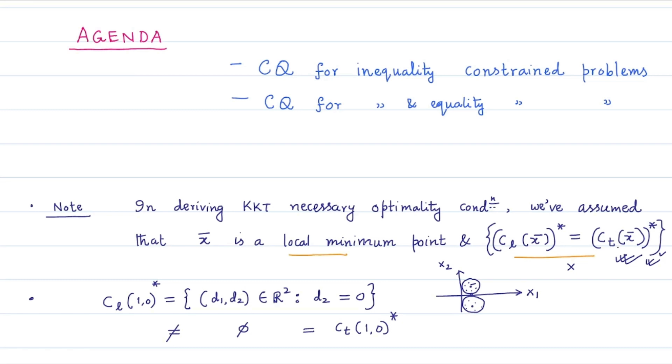We have seen how difficult it is to identify the tangent cone, the dual of the tangent cone, and so on. So in this lecture, we will try to find some other way outs. Apart from these abstract, extremely general conditions, satisfying which a local minimizer is going to be a KKT point, we will consider some easy conditions satisfying which a local minimizer is also going to be a KKT point. We shall divide these conditions into two parts.